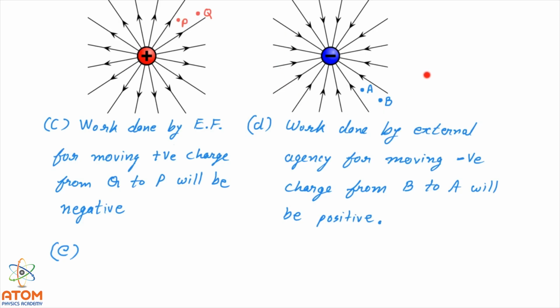See, this is the second figure, and here are points B and A. And the question is, if we move a negative charge from B to A, then will the kinetic energy decrease or increase? See, if you place a negative charge here, then this charge is also negative, so obviously there will be a repulsive force.